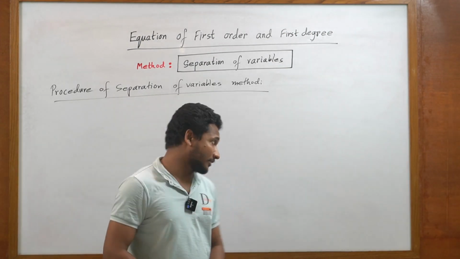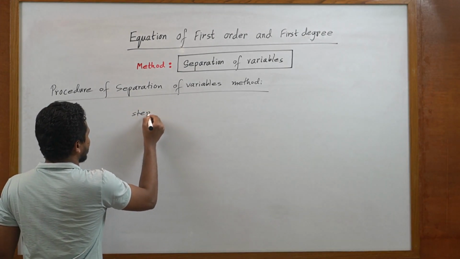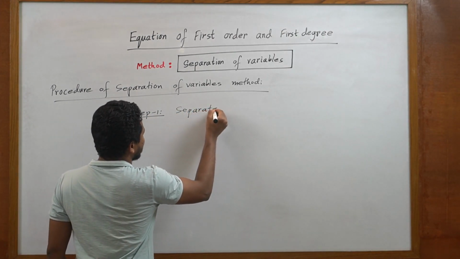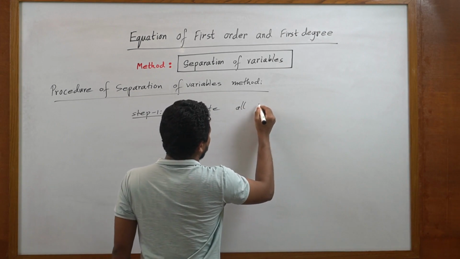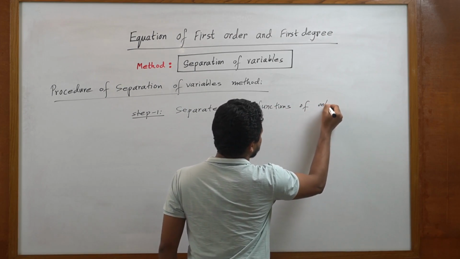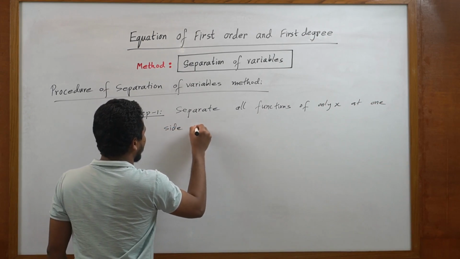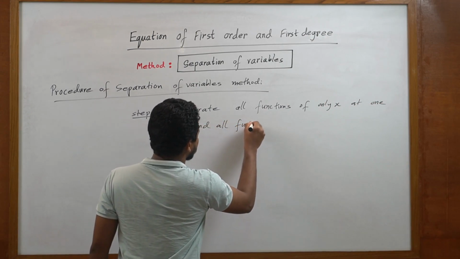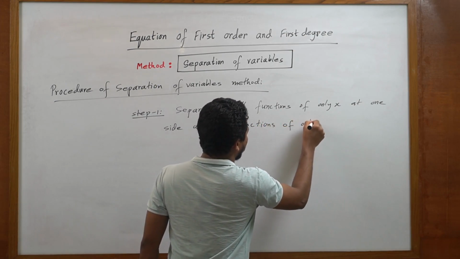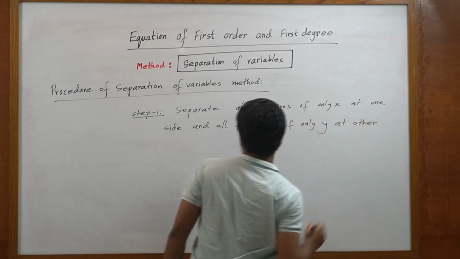Okay, now we will go to the procedure of the separation of variables method. The first step is to separate all functions of only x at one side and all functions of only y at the other side.